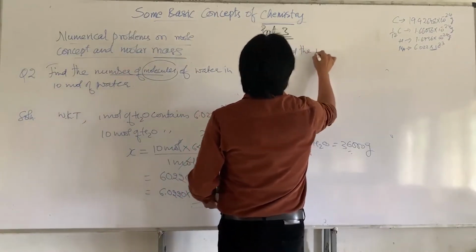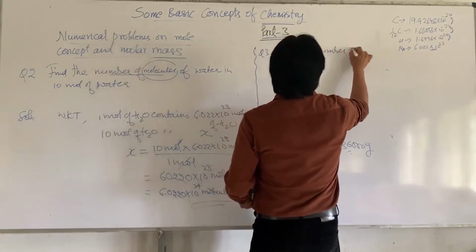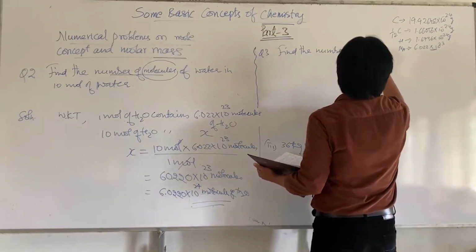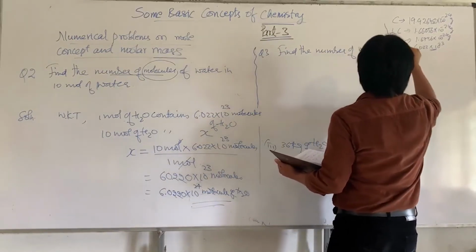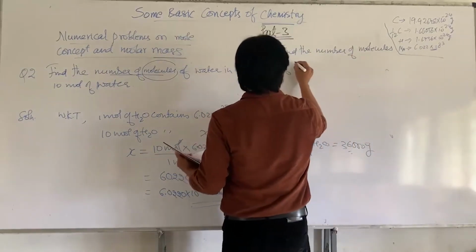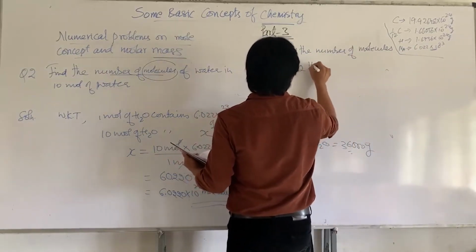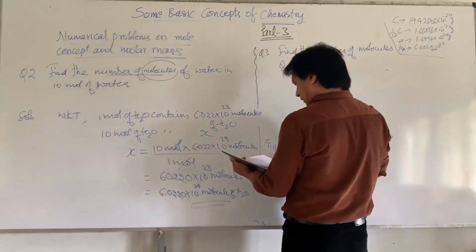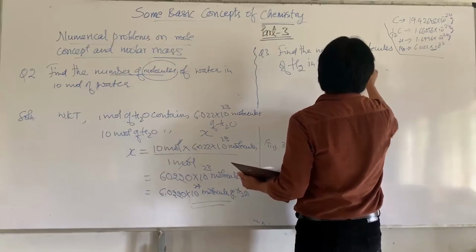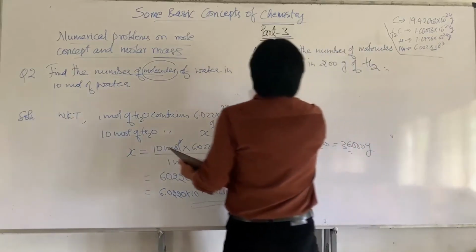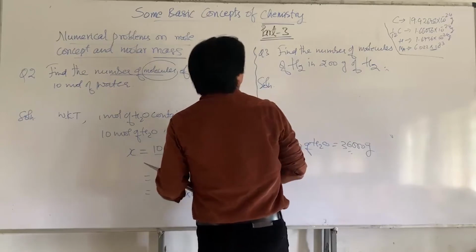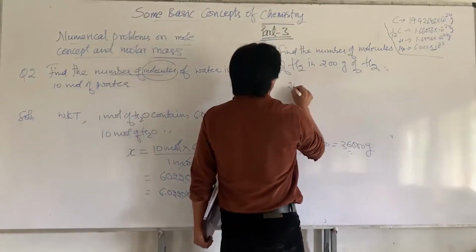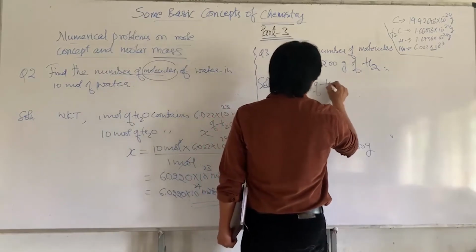Find the number of molecules of dihydrogen in 200 grams of hydrogen. Let's see now. Here, you're given 200 grams of dihydrogen.